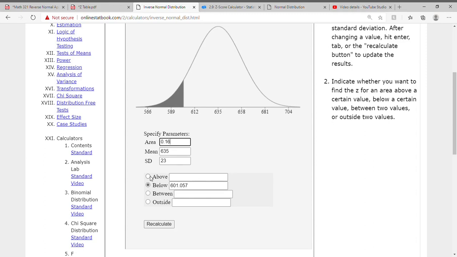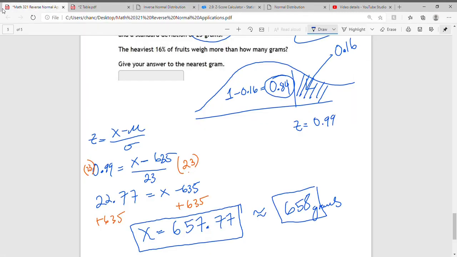So make sure you click the above, so that gives us the area to the right. And that is pretty much the same answer, 658. So we did a good job on the problem. We know we did it right. So please check your work with your statistics calculator to make sure you did it right.